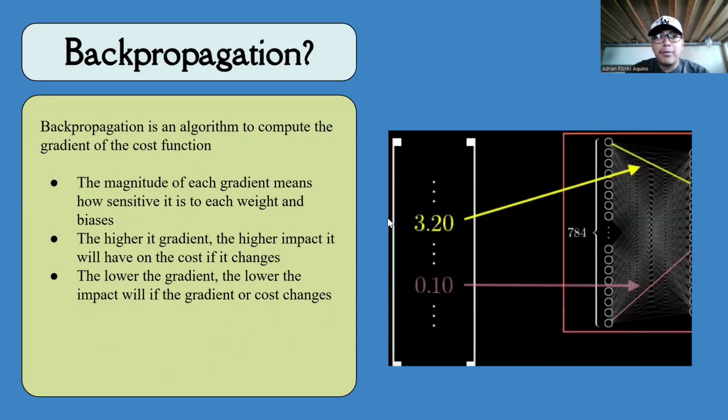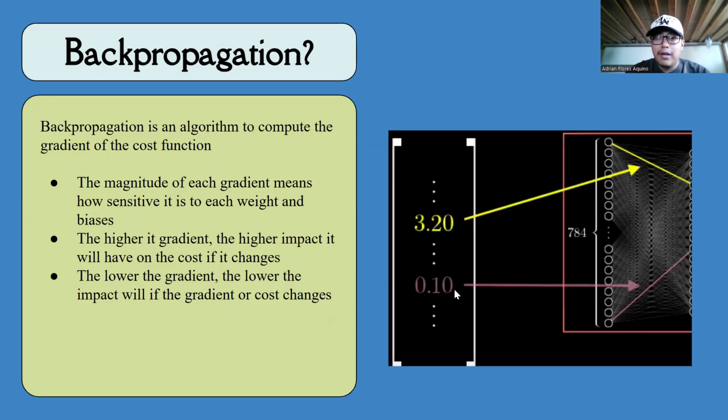So what is backpropagation? You can think of it as an algorithm to compute the gradient of the cost function. The magnitude of each gradient means how sensitive the cost is to that weight or bias. In this example, we have 3.20 and 0.10.